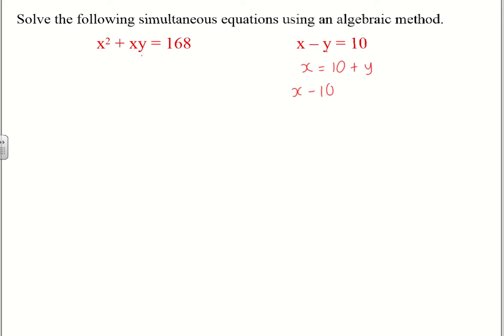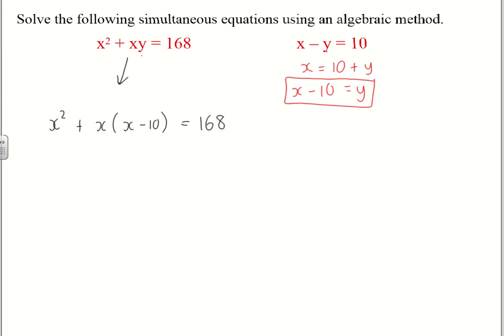So x minus 10 equals y. So I've made y the subject there. All I've got to do now is rewrite my quadratic with x minus 10 in the place of y. So x squared plus x, this is where my substitution happens, x minus 10, and that all equals 168.